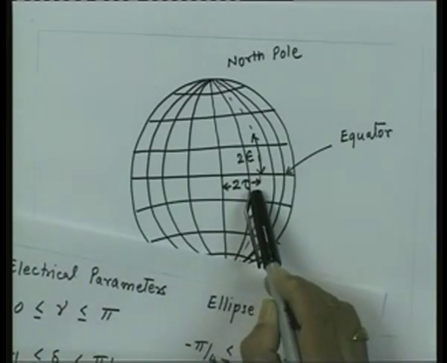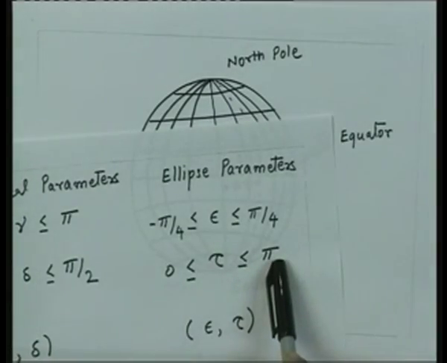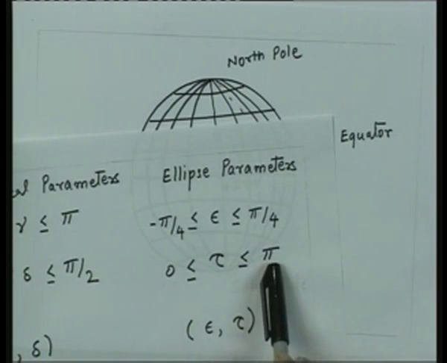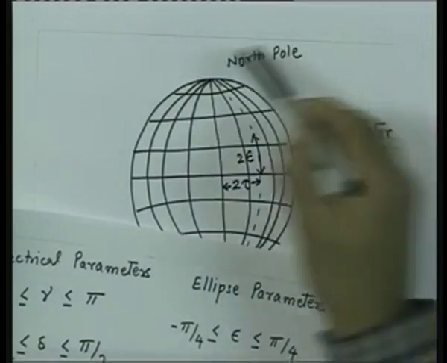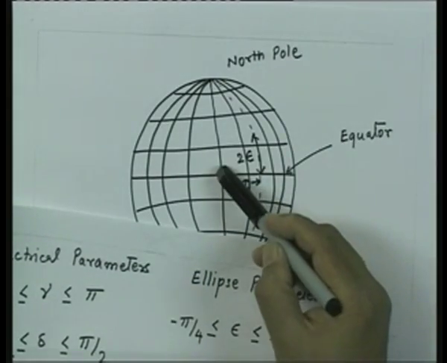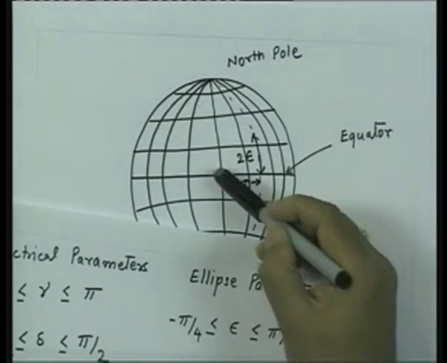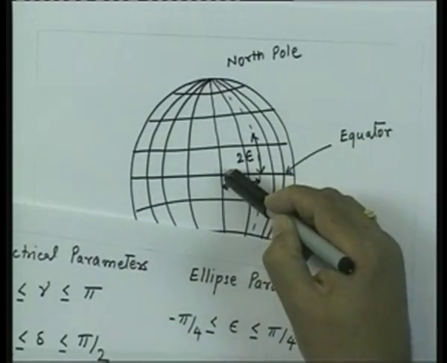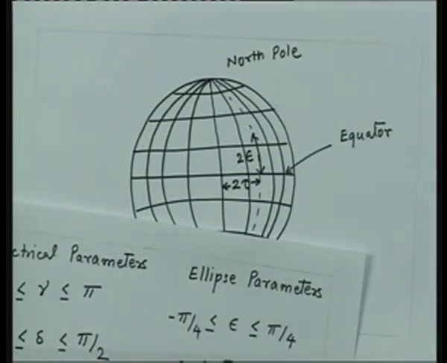Similarly, this angle 2 tau, since tau is ranging from 0 to pi, as the tau varies from 0 to pi, essentially the longitude of this point will vary from 0 to 360 degrees. So, essentially we will have a rotation around this globe all the way up to this point.